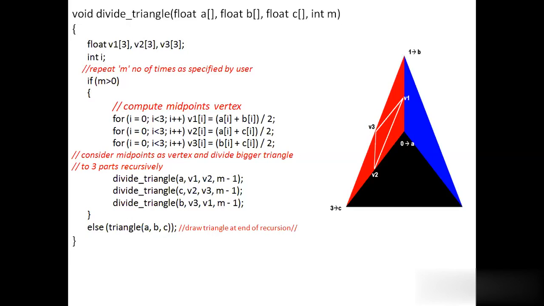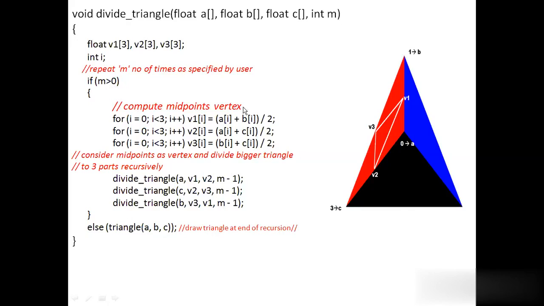We are considering the arrays v1, v2, v3, which hold the 3 elements, int i, and here I am checking if m is greater than 0. We have considered 4 parameters in the divide triangle function. M is the division. If it is greater than 0, it has to execute this scope of the program.